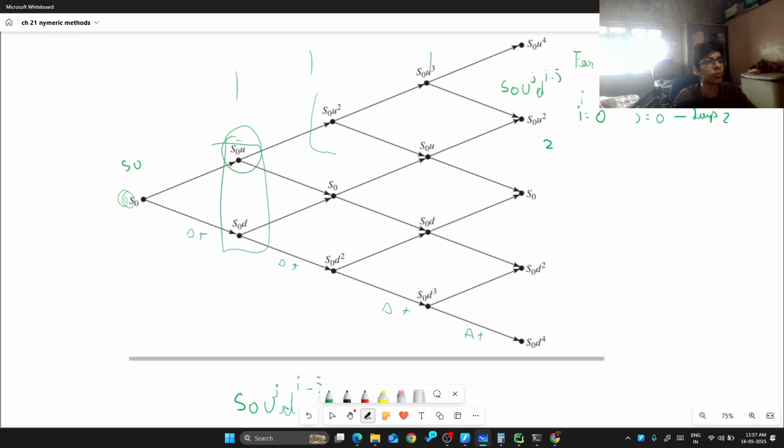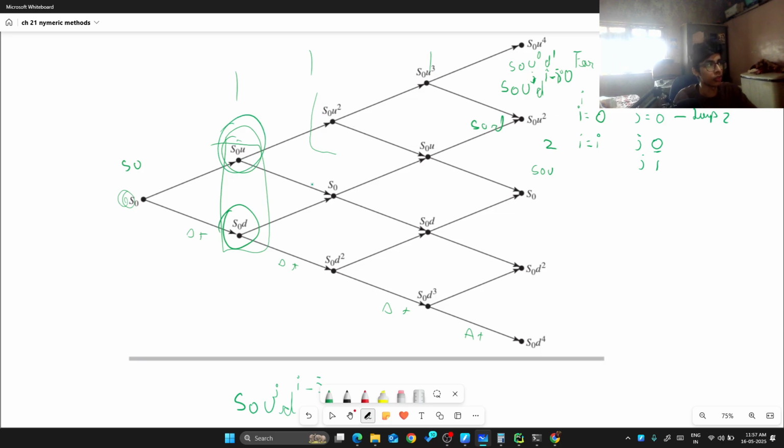In second loop, i equal to 1, and there are two options. j can be 0, and j can be 1. If j equal to 0, then S0 u^0 d^1, so S0 d. If j is 1, then 1 minus 1 equal to 0, then d is 0, and that's S0 u.